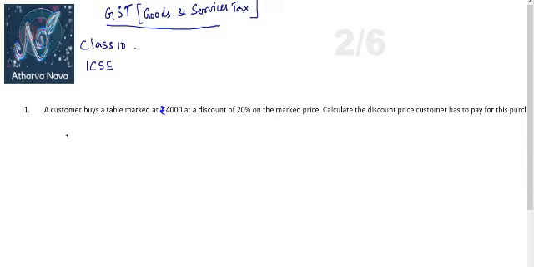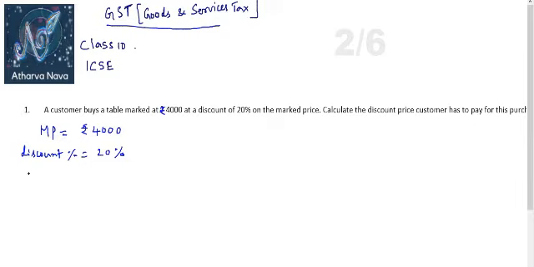So here the table is marked with how much? Rupees 4,000, correct? So MP is equal to rupees 4,000. That's what is given. And he has given a discount percent, how much? 20%. Because it's in percentage, I am mentioning it as discount percent, which is 20%, which means the original MP, that's marked price, is reduced and given to the customer, correct?